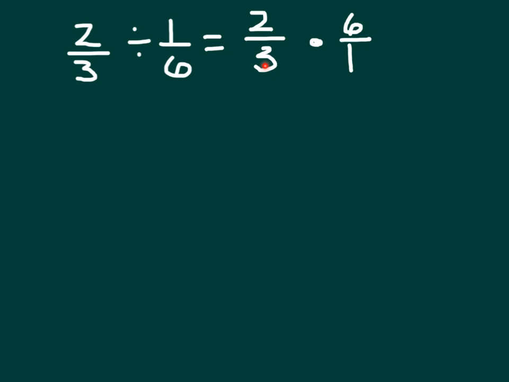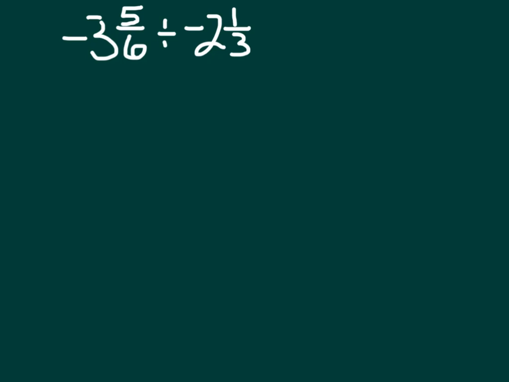The 3 and the 6 both have a common factor of 3. So 3 goes into 3 one time, and 3 goes into 6 two times. And now we do our multiplication. 2 times 2 gives us 2. And 1 times 1 gives us 1, so our answer is 2.